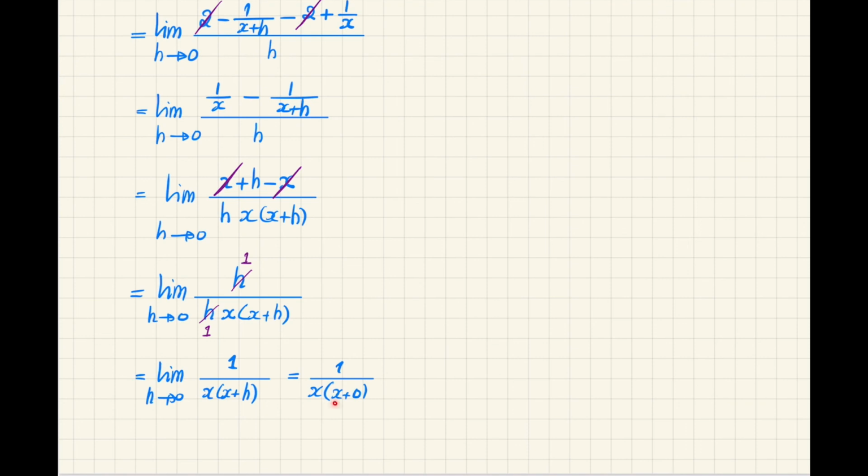But x plus 0 is just x, and x multiplied by x is x squared, so I have 1 in the numerator and x squared in the denominator. So this means that what I get is f prime of x is equal to 1 over x squared, and that is the answer to this problem.